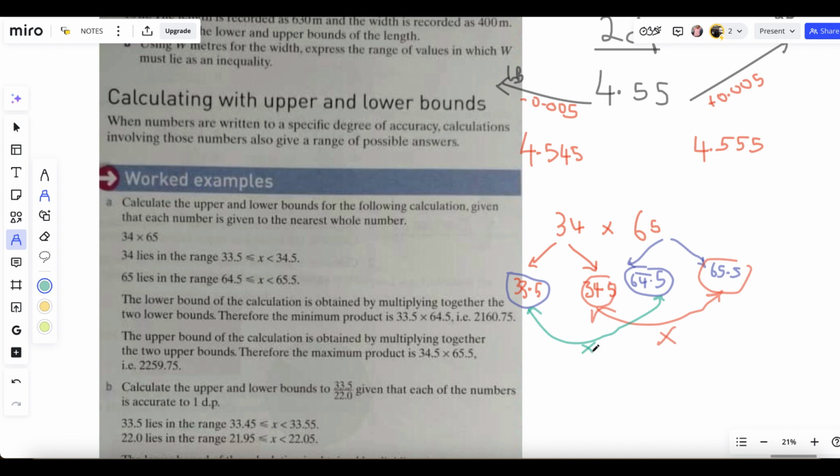So the lower bound is 33.5 times 64.5. If you are looking for the lower bound answer, you multiply 33.5 by 64.5, and this will give us an answer, which is 2160.75.